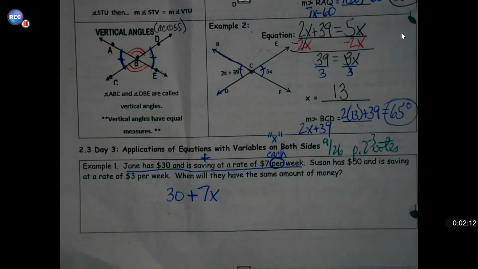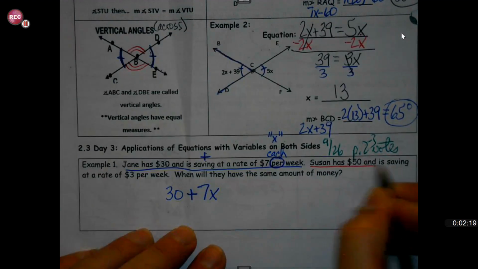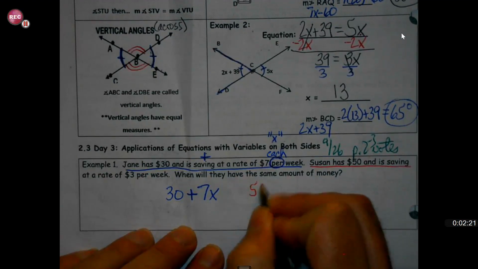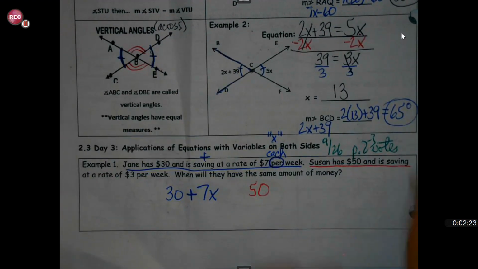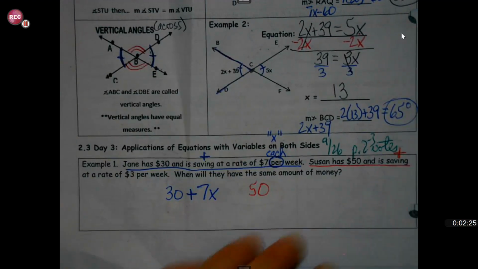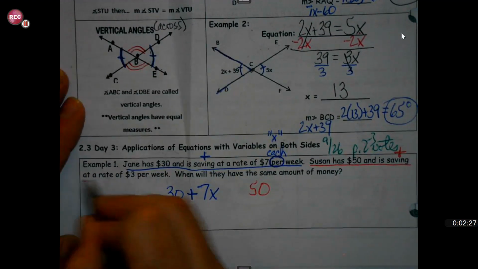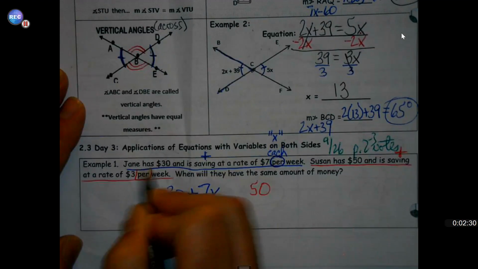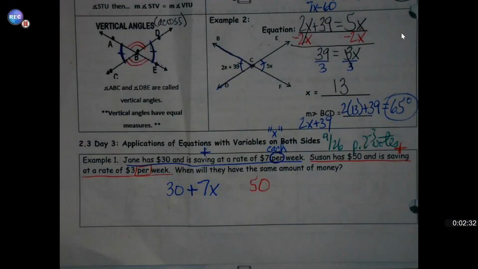So now I start the second sentence with another part on here. Susan has $50, all right, and is saving, adding to that, at a rate of $3 per week.